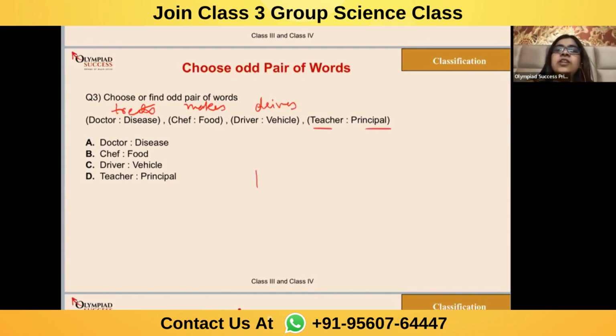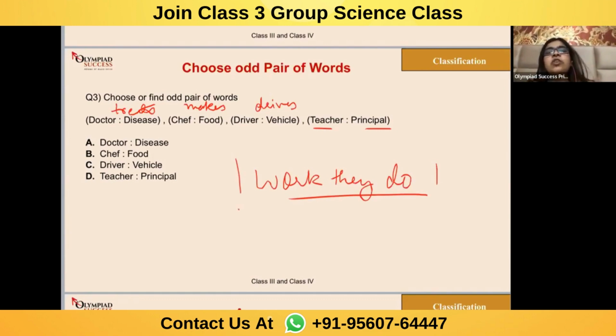This is all related to the work they do. The first one does the work. So doctor treats the diseases, chef cooks the food, driver drives the vehicle, teacher teaches the students. So teacher's work is teaching, not related to principal. So that makes it the odd one out, option D.